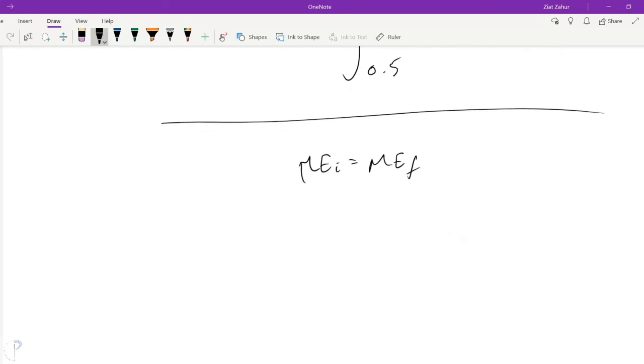So we have PES equal to KE. So 1/2 k x_max squared is equal to, and make sure you use the proper subscripts, they're important.